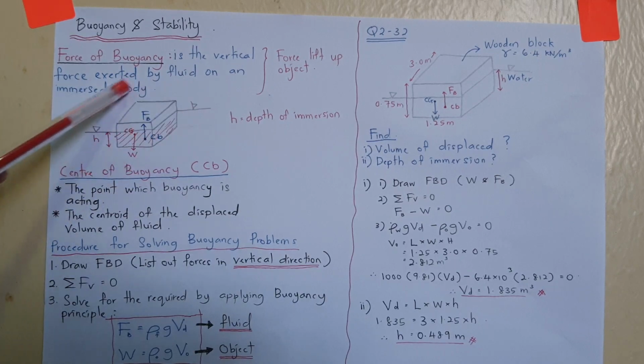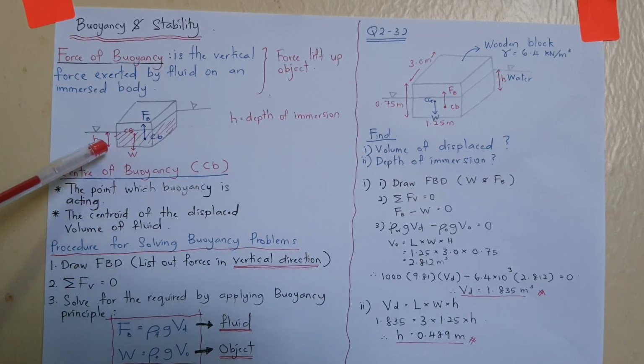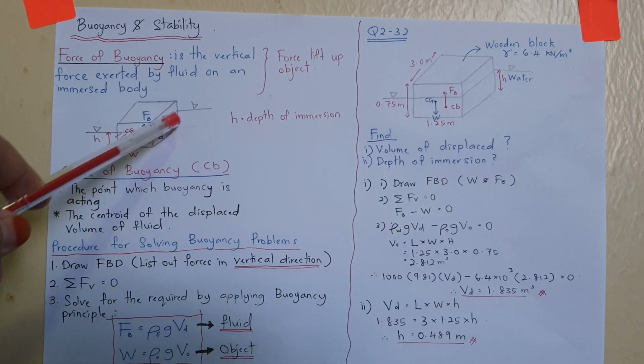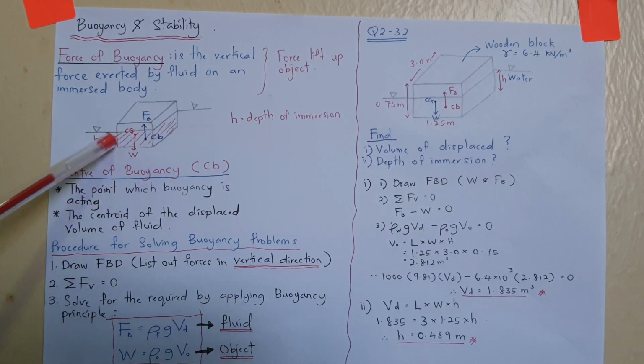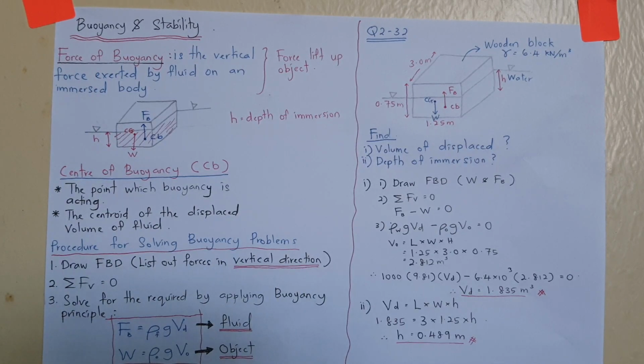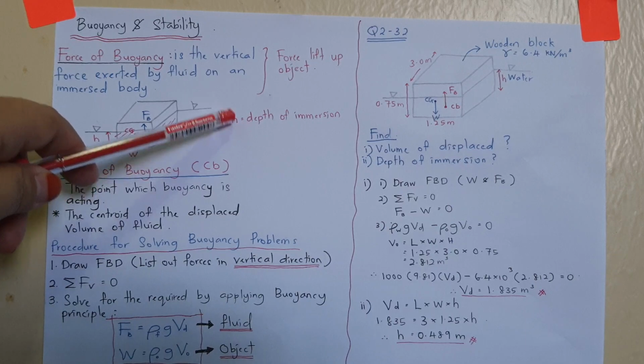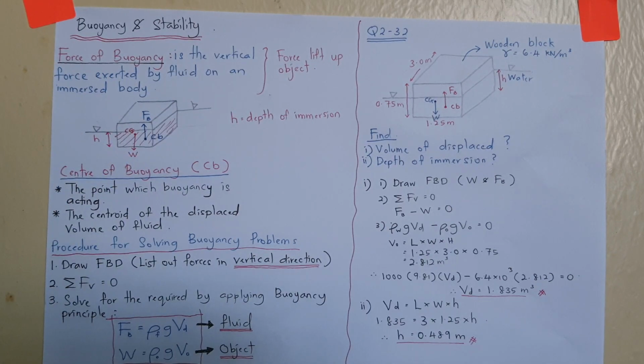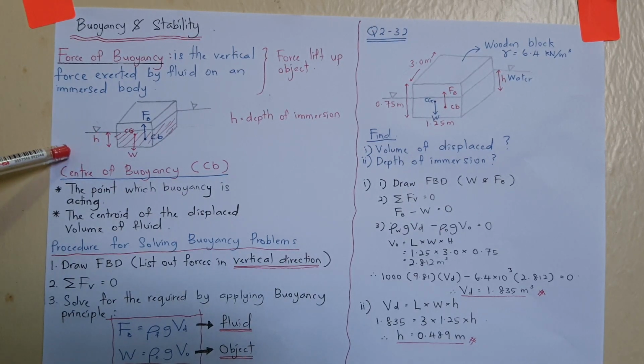The volume of the object uses all of the object's dimensions: length times width times height of the object, not the depth of immersion. I put H here as the depth of immersion. If the problem doesn't give you the depth of immersion as H, you can put any unknown, r, s, t, u, a, b, c, it doesn't matter. Normally we put H.